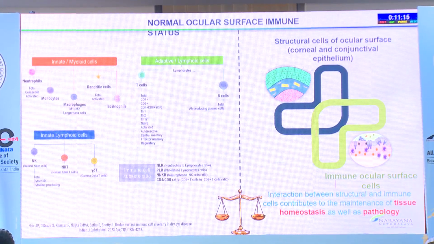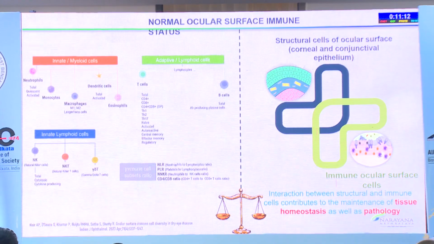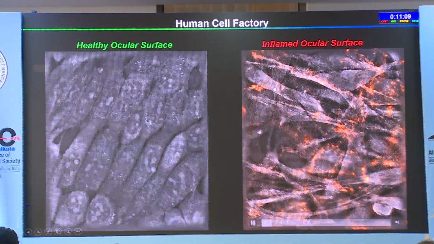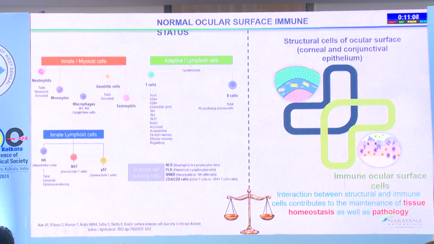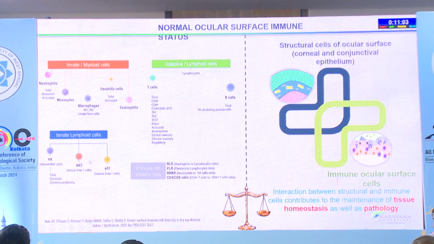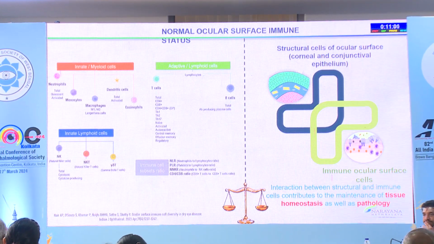When you look at the ocular surface, this is work done by Sharon as part of her PhD. She's going to defend next Monday. So what she did was look at the ocular surface cells.